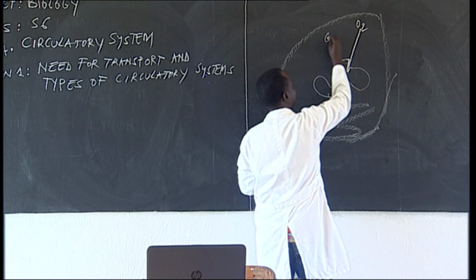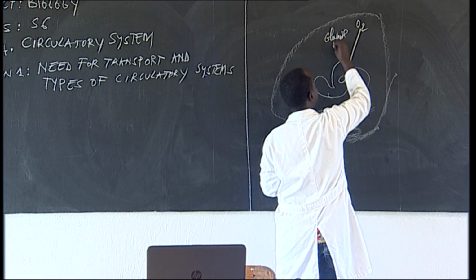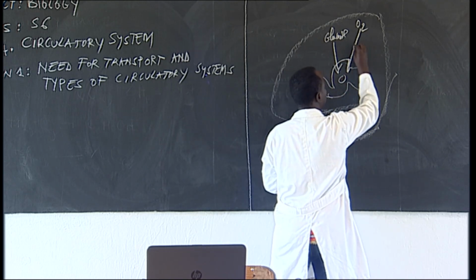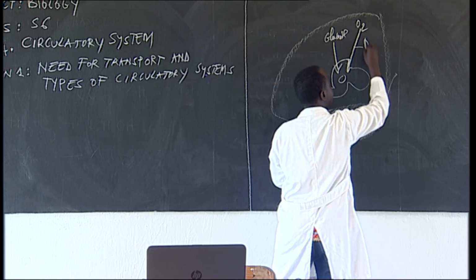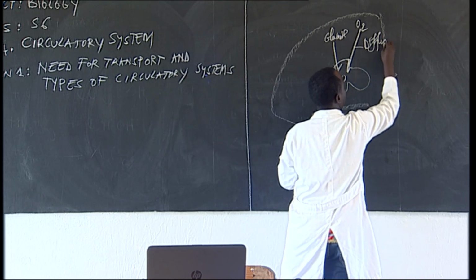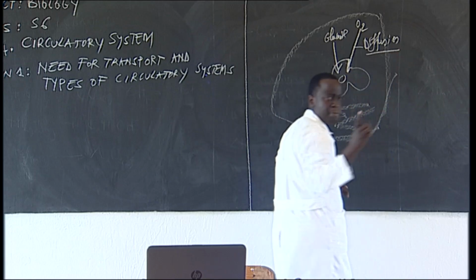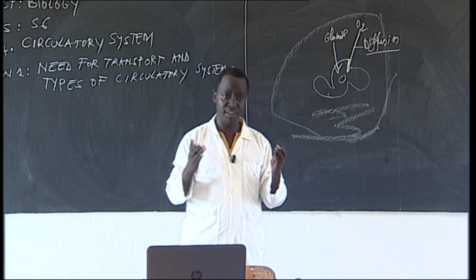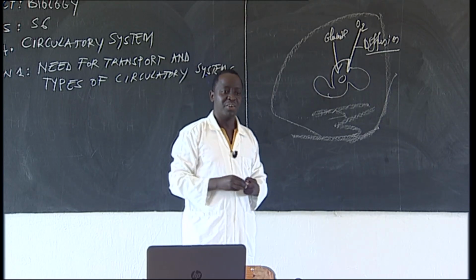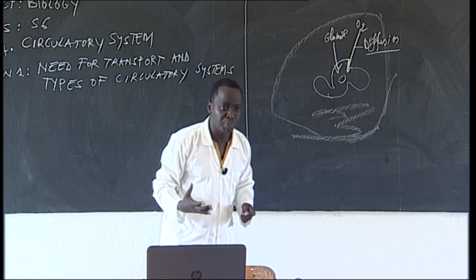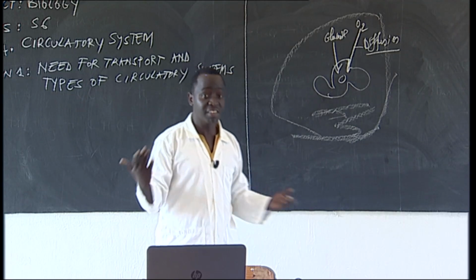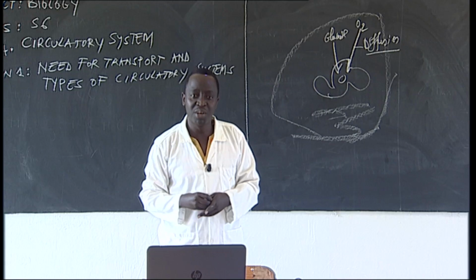Even the glucose gets inside of this organism by a process called diffusion. Remember, in unit number 2, in senior 5, we talked about these ways of transport, how the materials get inside of what? Of the cell. So one of those ways is diffusion.